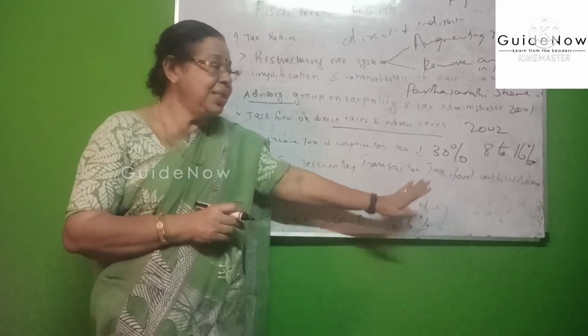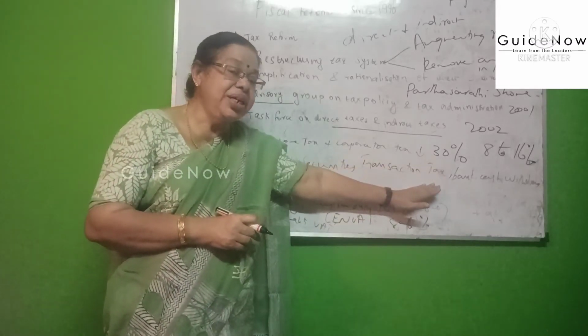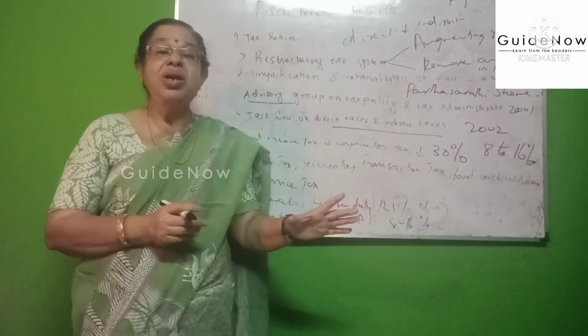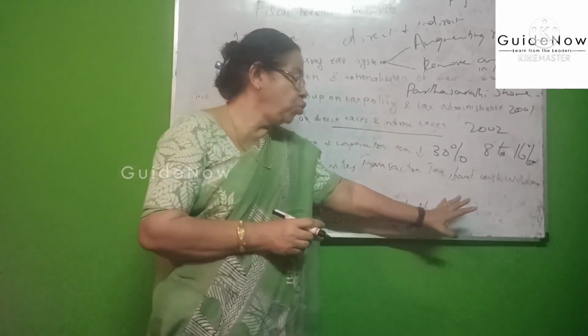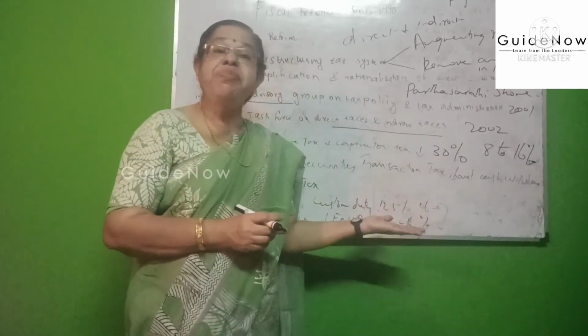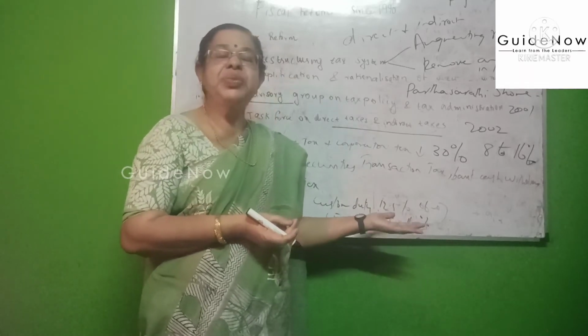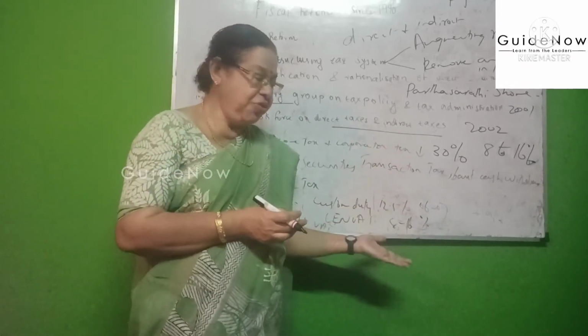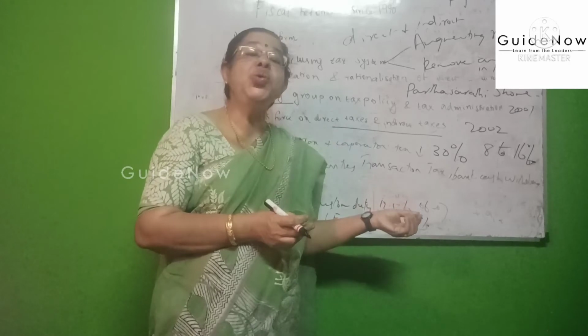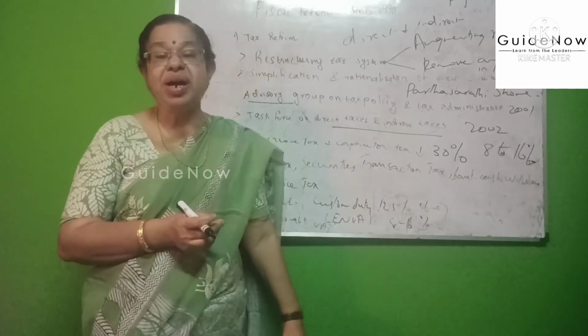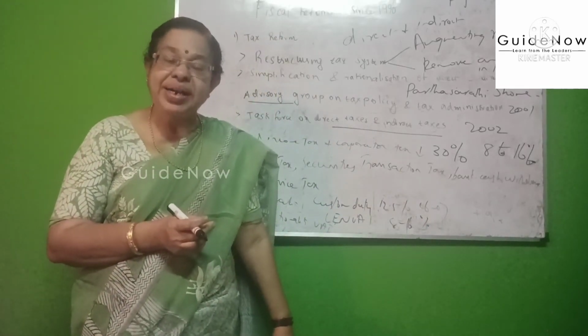For that purpose, customs duty was reduced. The best example is 2006-07, when it was only 12.5%. More than 100% customs duty existed in India before the 90s. In the same way, there is the 8 to 16% central value added tax.